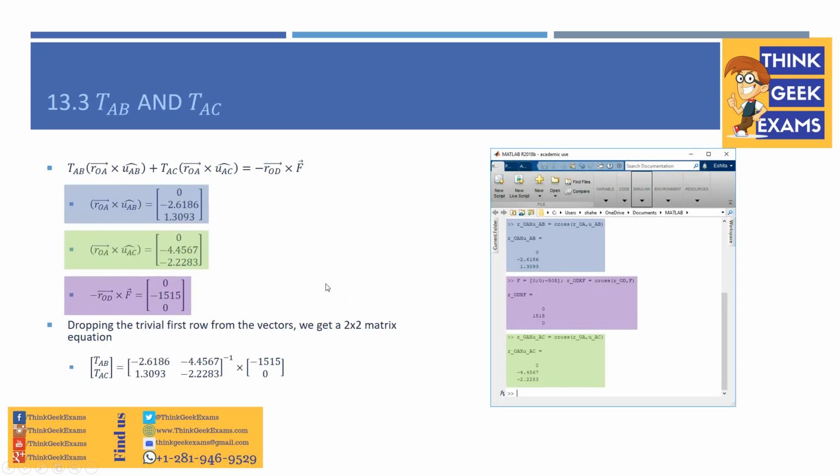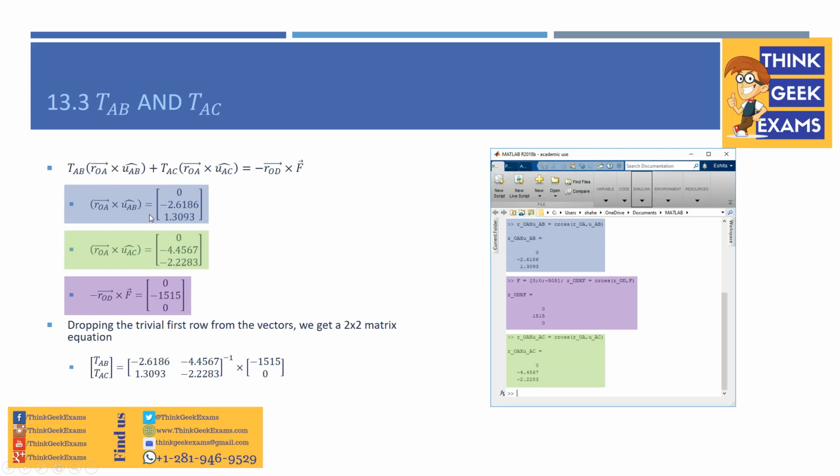All right, now that we have UAB and UAC, and we also have ROA and ROD, we can take the vector equation from the moments, TAB, ROA cross UAB, and we can calculate these portions of it, ROA cross UAB and ROA cross UAC, and we can also calculate what ROD cross F is going to be.